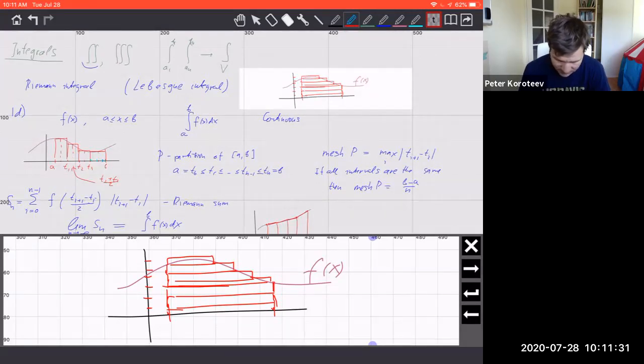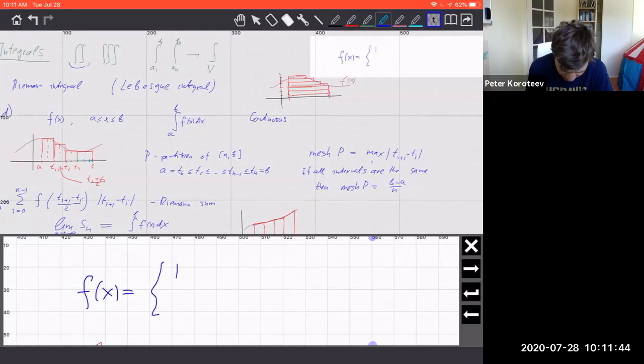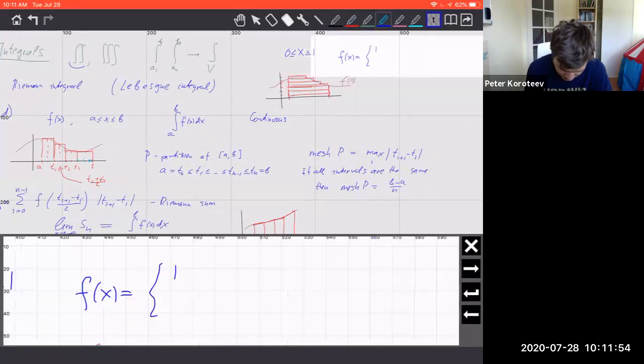An example of a function which is integrable by Lebesgue but not integrable by Riemann is the following. You define it on a closed segment, x from 0 to 1, and it's equal to 1 when x is rational, where Q is the set of rational numbers, and 0 when x is not rational.